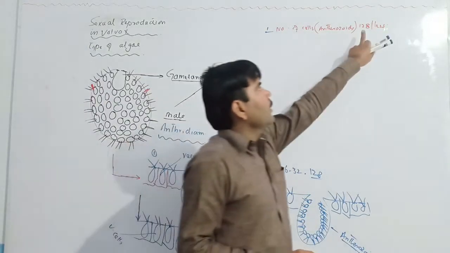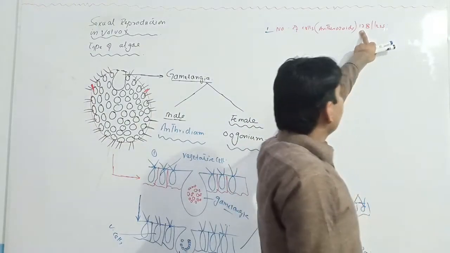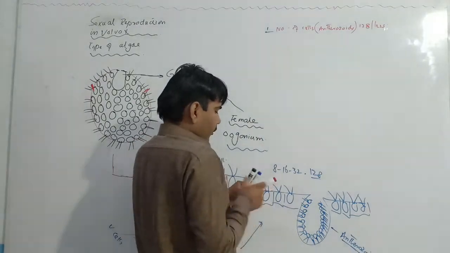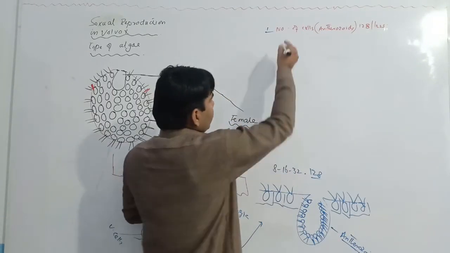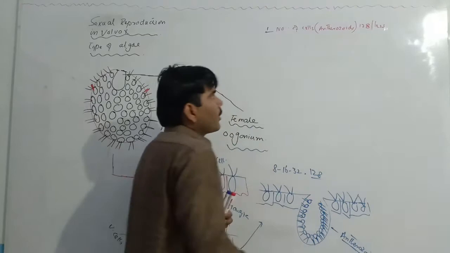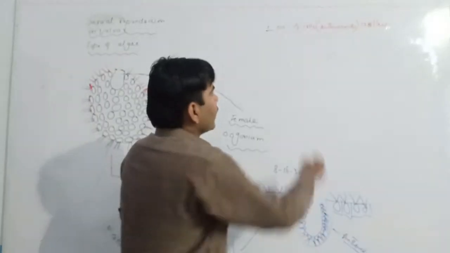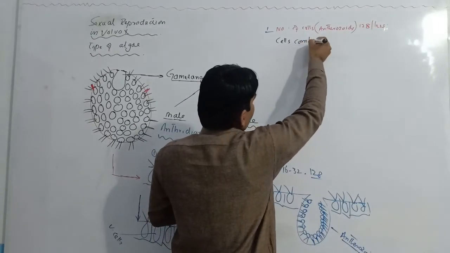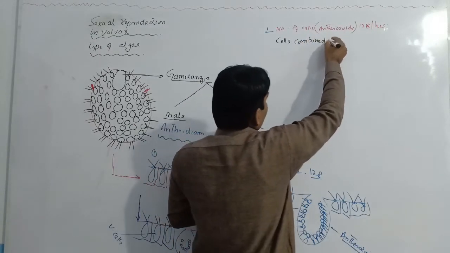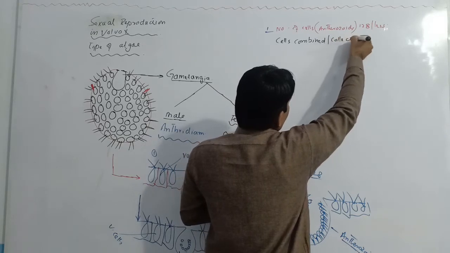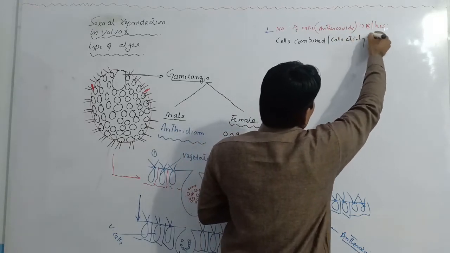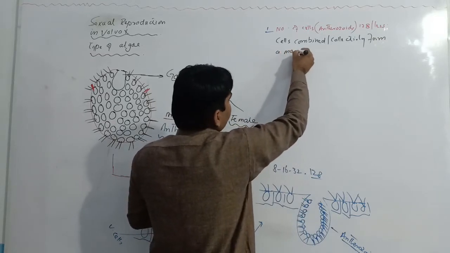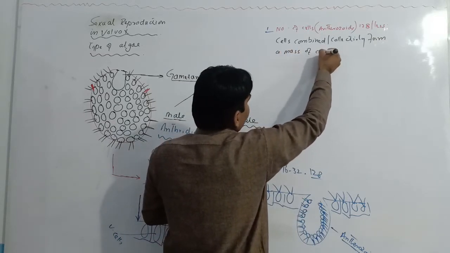What will happen when the number of cells is less than 128? In the first case, when the number is less than 128, the cells combine collectively to form a mass of cells.